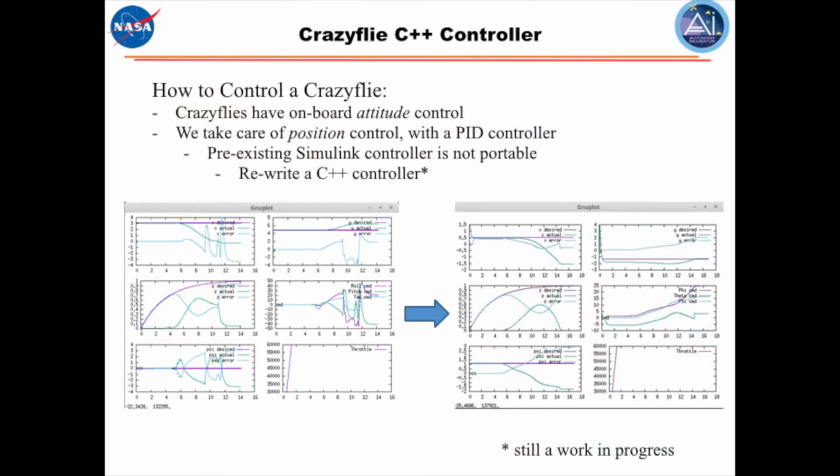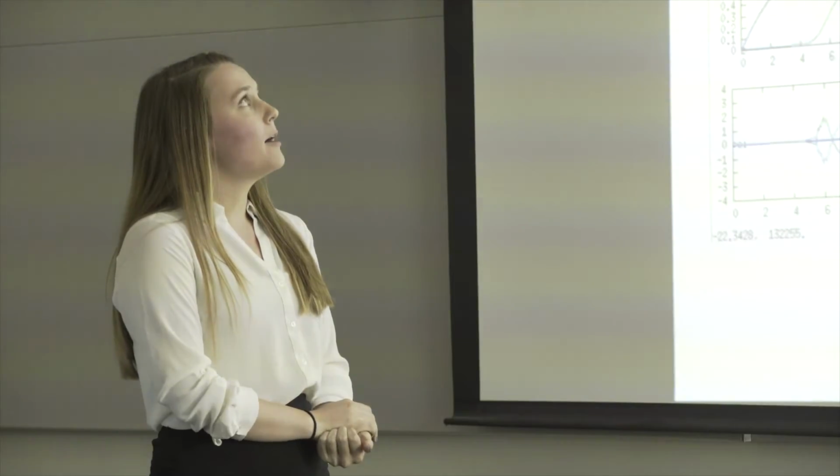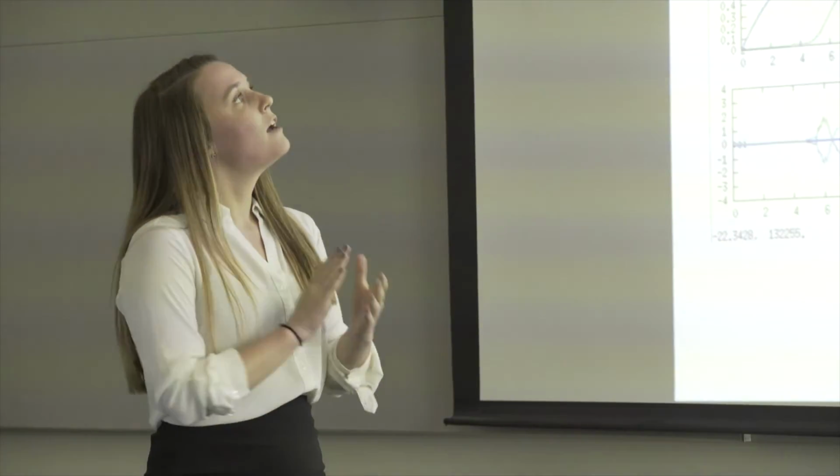So a little more about the Crazyflie controller that I worked on for a good portion of the summer. The Crazyflies already have onboard attitude control. So all we have left to do is give it position control and send it angle commands, which is pretty nice that they at least have that part done for us.